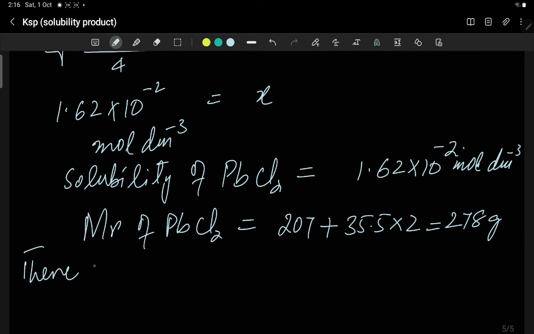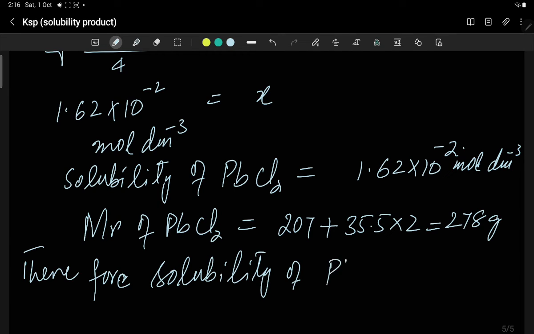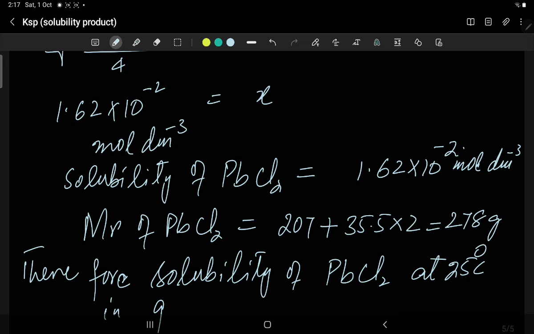Therefore, the solubility of PbCl2 at 25 degrees centigrade is in mole per dm cube.